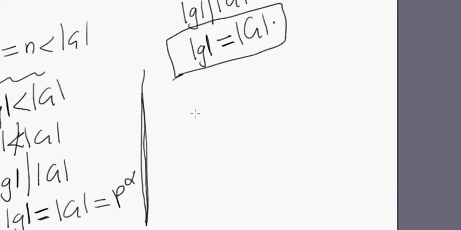What can we conclude from this fact that the order of every element must equal the order of the group? If this is true, then so what? What is the idea?